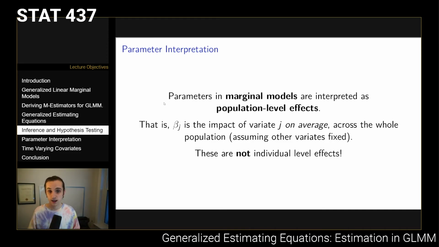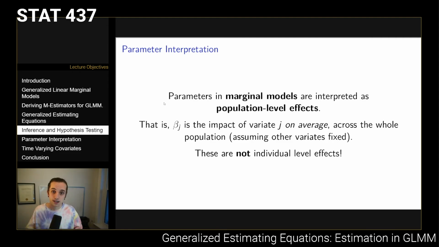So if you want to think about how aging impacts your propensity to develop dementia, which was the starting example, well, that's actually at the population level that we care about it. We don't care about any one specific person, but we care about, on the whole, how aging impacts dementia. Same thing with the COVID example that we were looking at.